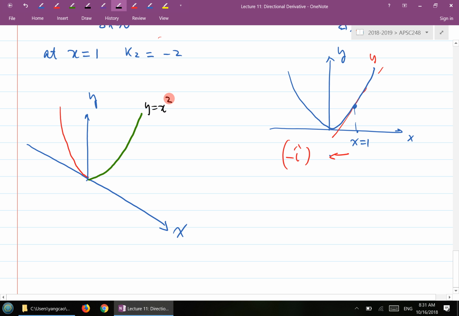If I'm going to change the x in the positive x-axis direction, I'm using a notation here: the positive displacement direction. You're changing in the positive x-axis direction here.